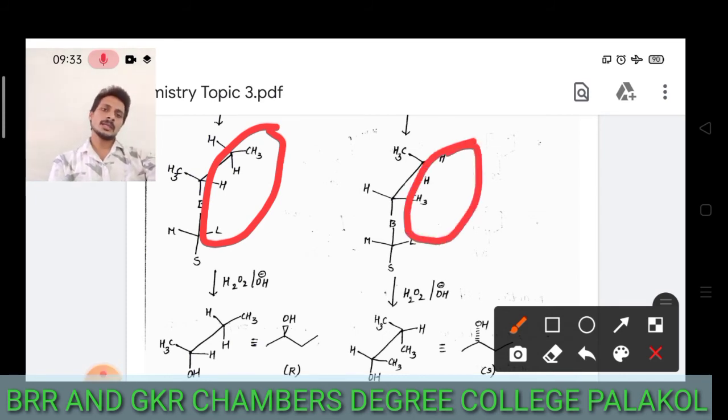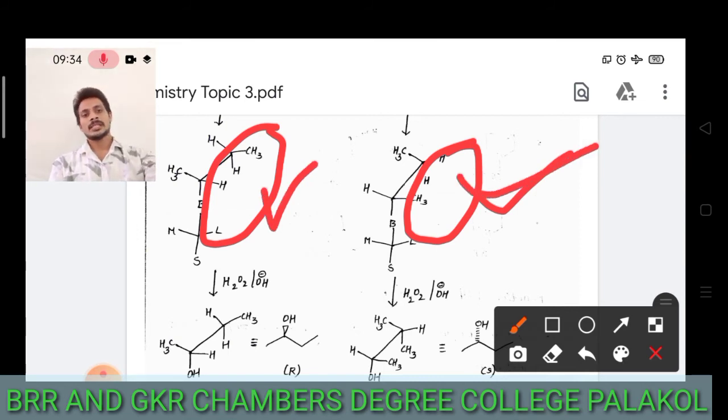The steric crowding is similar in transition state 1 and transition state 2, but in one transition state the large group and methyl group are at some distance, while in the other they are nearer to each other. Then this transition state has slightly higher energy than the other.